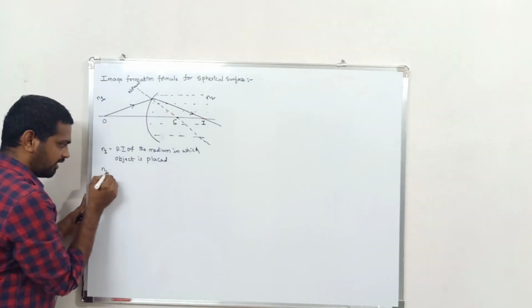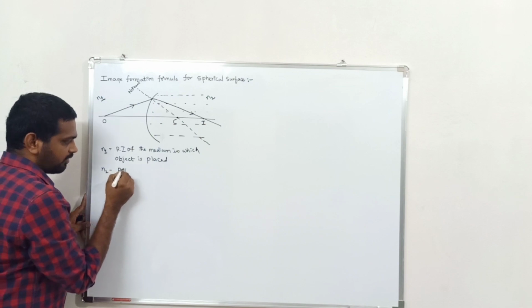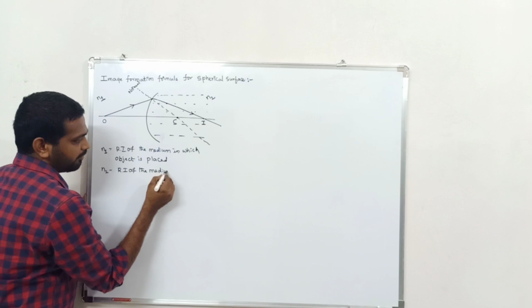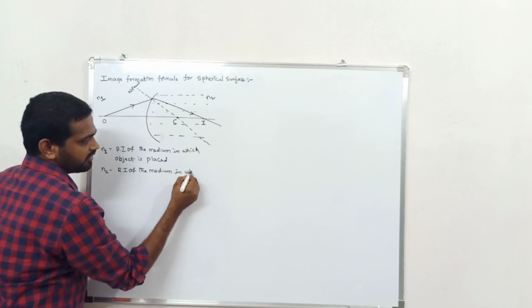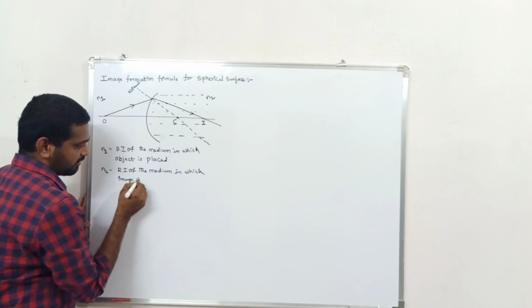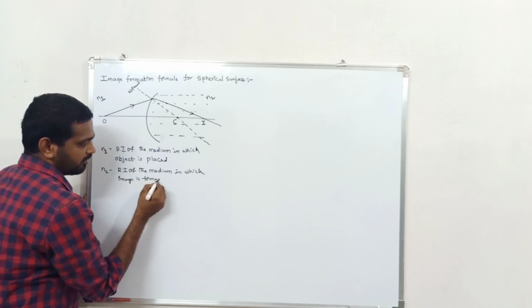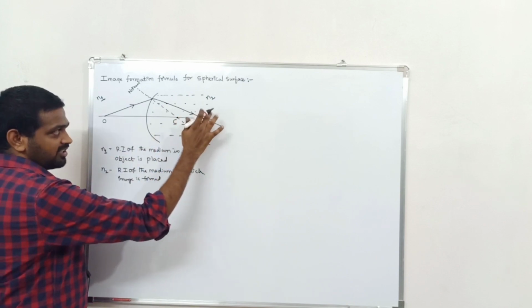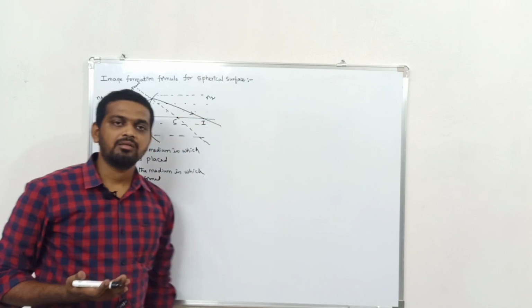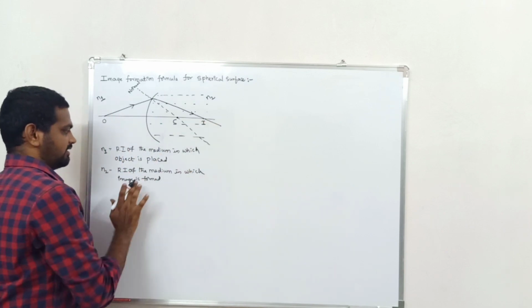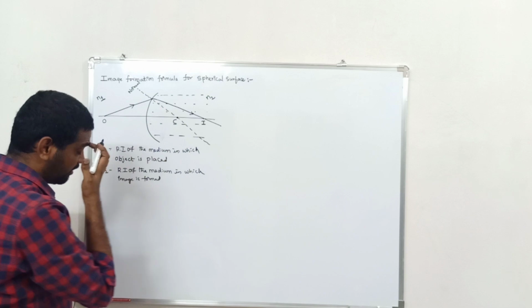I will consider n2 as the refractive index of the medium in which the image is formed. Remember children, in this medium you may get the image or may not get the image. Is it clear? Remember that. Anyhow, I have considered the image is formed in this medium only.